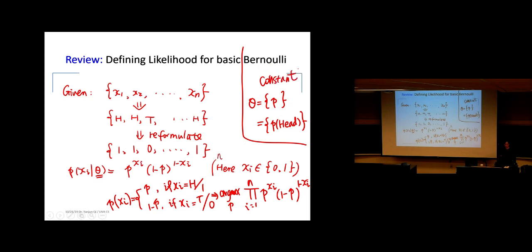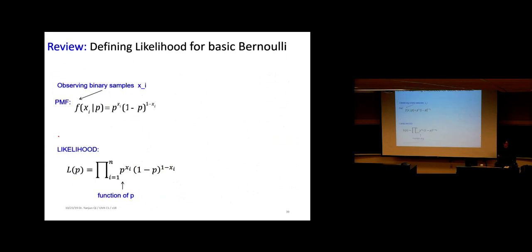All right, so now let's move to logistic regression, which is a parameterized Bernoulli. I already repeated the previous page. This is the basic Bernoulli for each sample, and this is for all the samples.